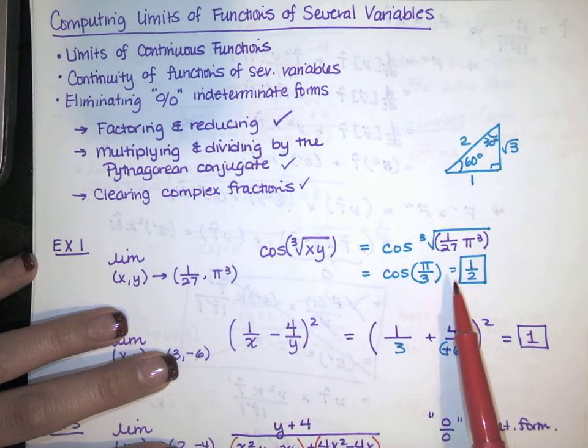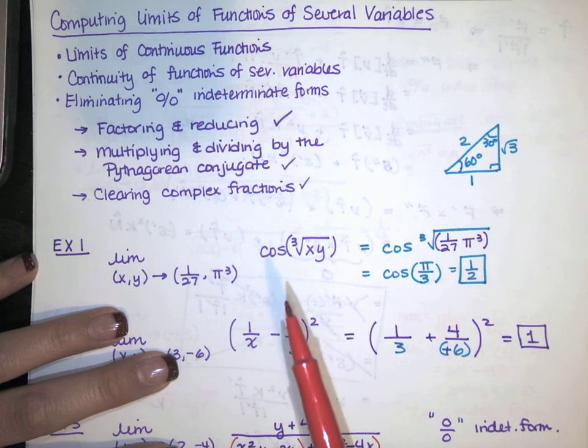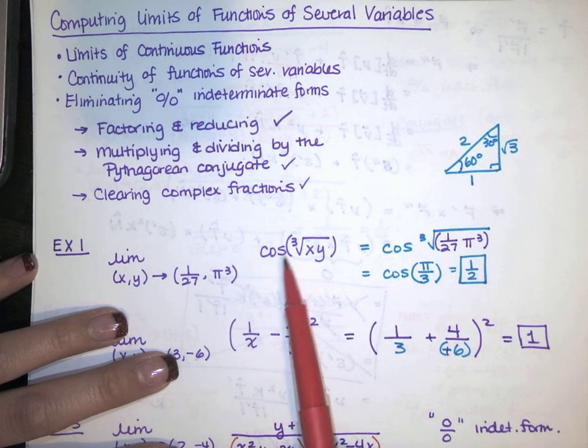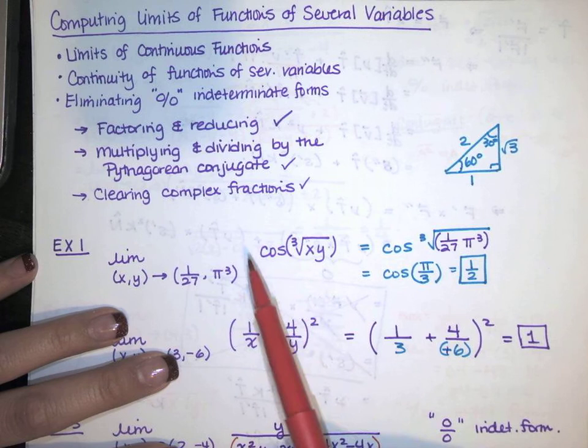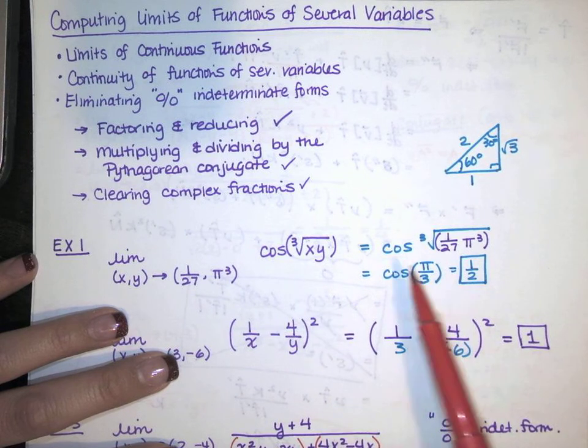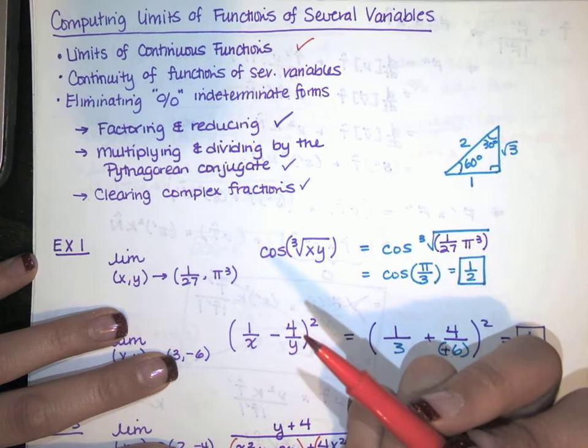Just go ahead and plug in the point. That's the value of your limit. If you can plug in this value, the limit of this function is the same as the function value. So just go ahead and do that if you can.